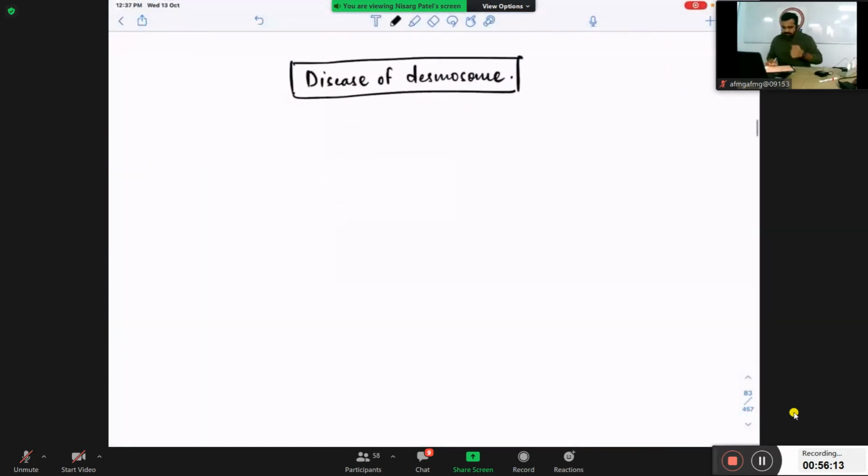We will write down. So desmosome is made up of three important proteins.